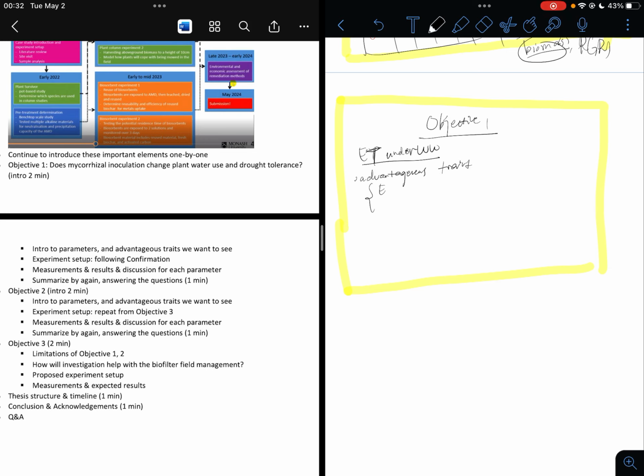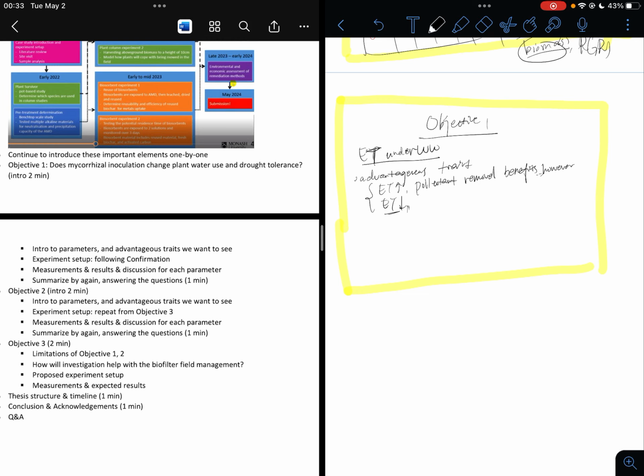So you can say if you have a high ET, you will have pollutant removal benefits, right? However, you have the problem of being vulnerable to drought.